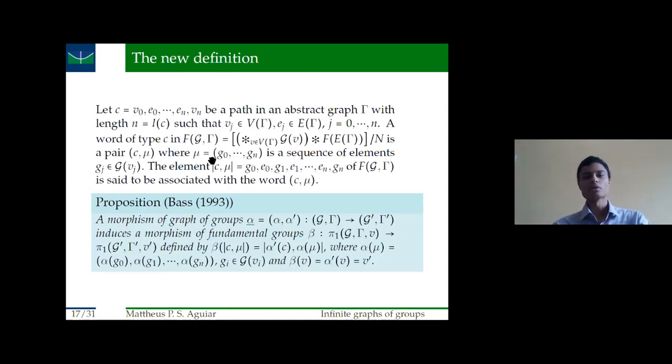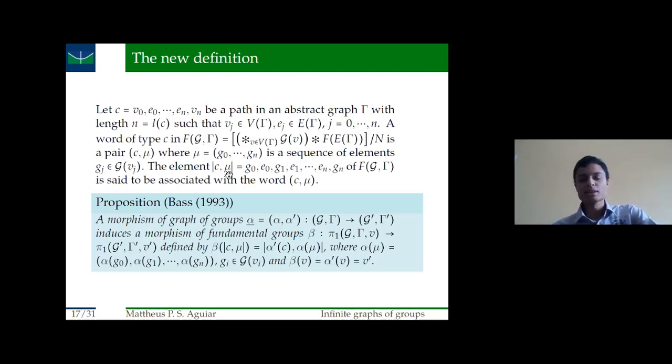So a word of type C in this group F(G, gamma), this F is the free product of the vertex groups, free product with the free group with base the edge set, quotiented by some relations, is a pair (C, mu), where this mu is a sequence of elements, each one in vertex groups.